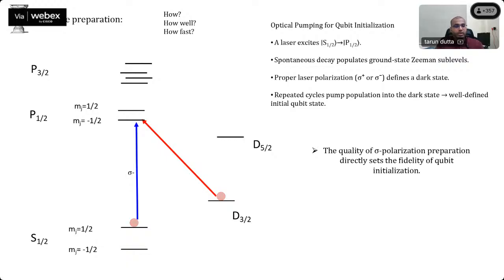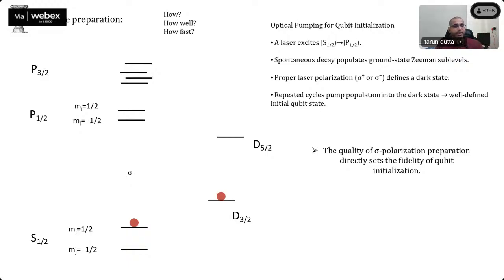So I'm showing some animation over here. As I was saying, the qubit means two levels, and the levels I have chosen are S1/2 mj = -1/2 and D5/2 mj = -1/2. That is the two levels I am using as a qubit.